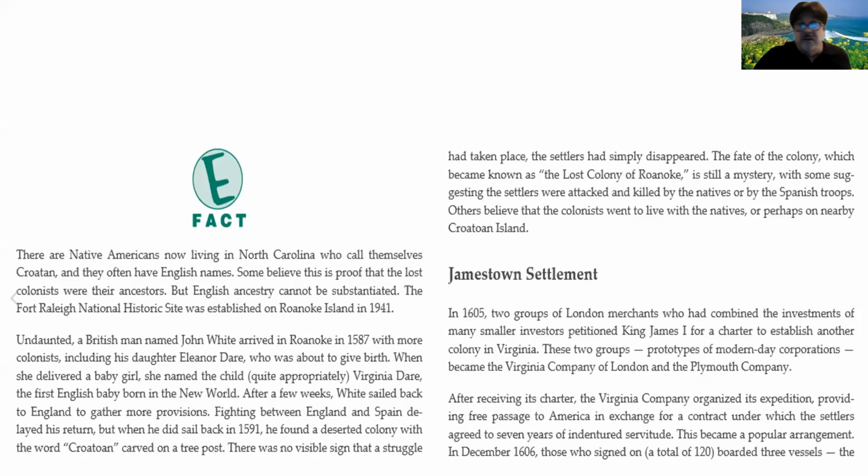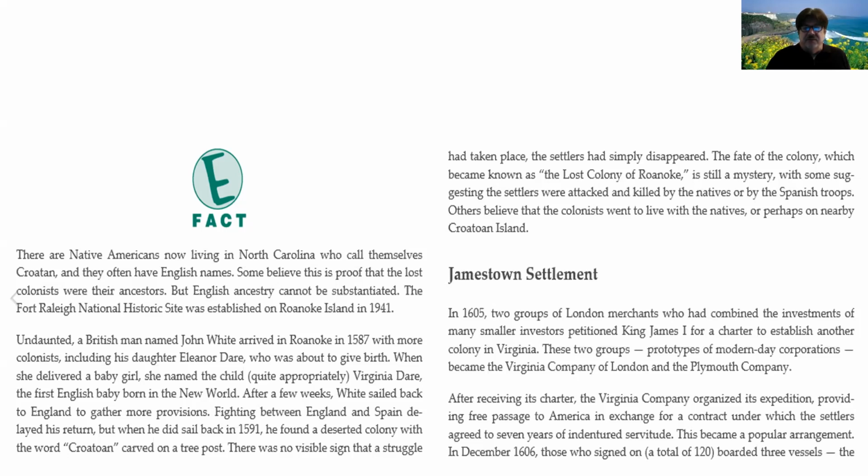Okay. So now we're moving on here. Jamestown settlement. In 1605, 2 groups of London merchants who had combined the investments of many smaller investors petitioned King James I for a charter to establish another colony in Virginia.